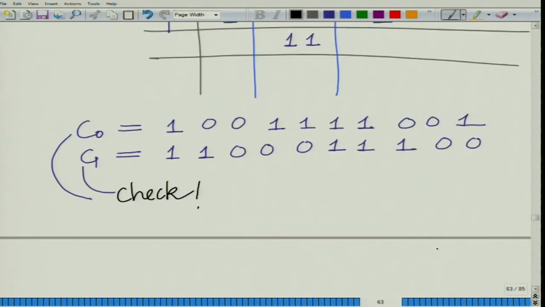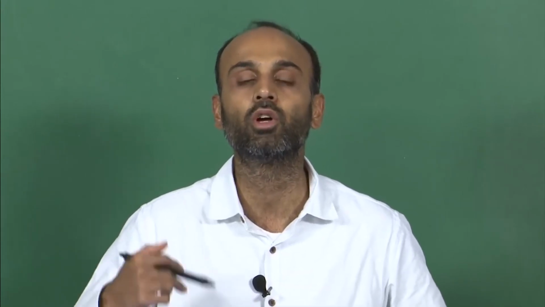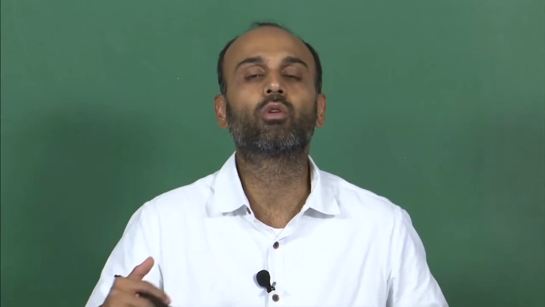But this is much simpler, correct, rather than doing the binary field operations at every time instant, considering xj plus xj minus 1 plus xj, or xj plus xj minus 2, or xj plus xj minus 1 plus xj minus 2. One can store the state transition diagram in the memory of a computer and very rapidly generate the coded bits by simply looking at the initial state and the input bit, transitioning to the next state.